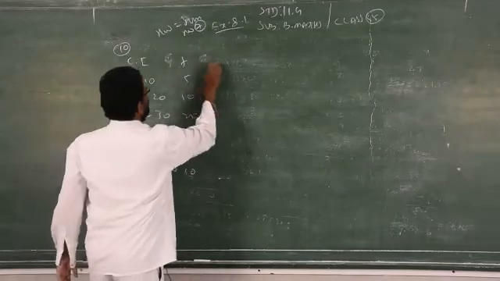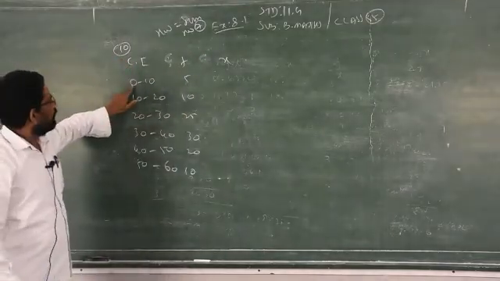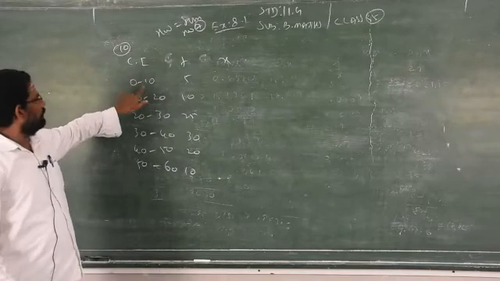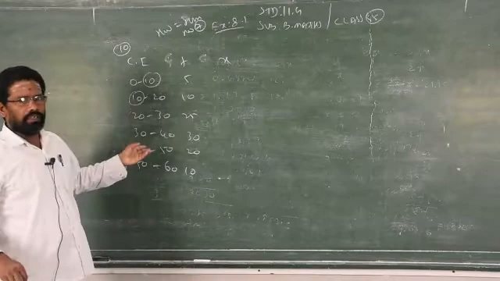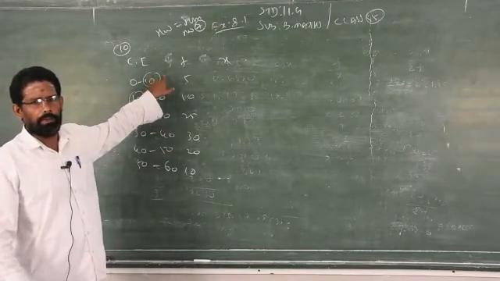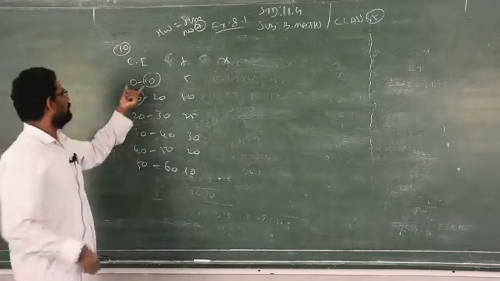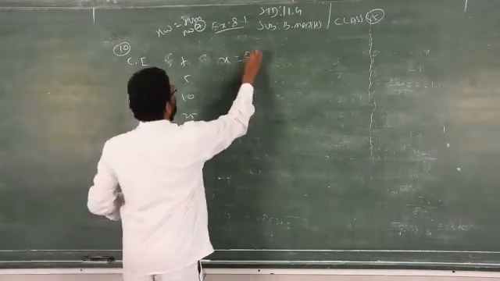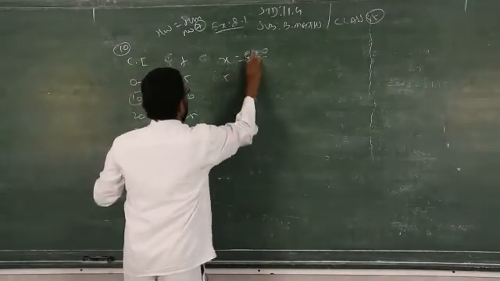Now what is meant by x? Middle value of the interval. How do you find the middle values of this interval? Ensure that the upper limit and the lower limit are the same. If they are different, subtract 0.5 from the upper limit, add 0.5 to the lower limit, then divide. Just add: lower limit plus upper limit by 2. What will be the answer? 5.